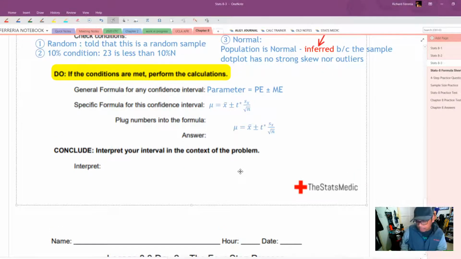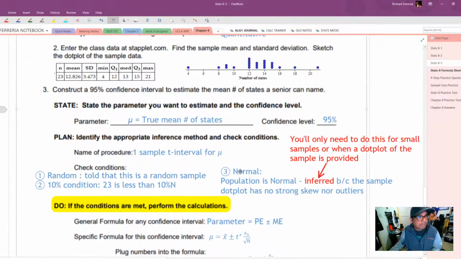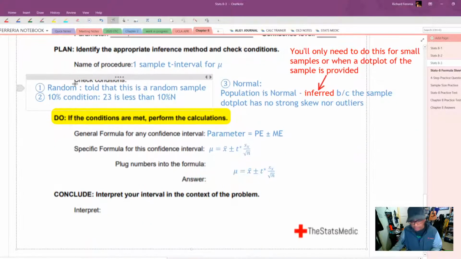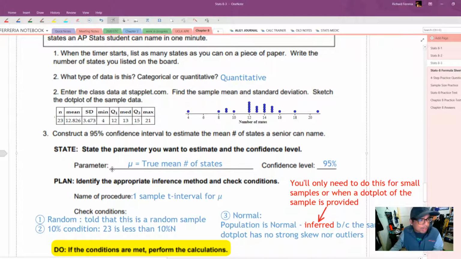Now let's substitute some numbers here. x bar is 12.826. Looking up at that chart again, I can see the standard deviation is 3.473 and n is 23.